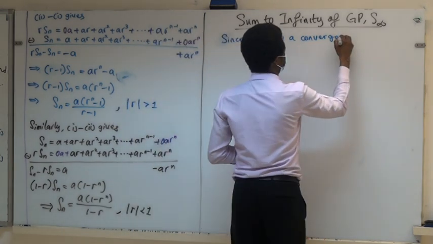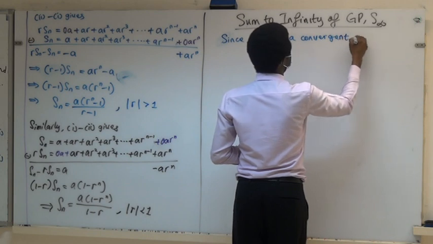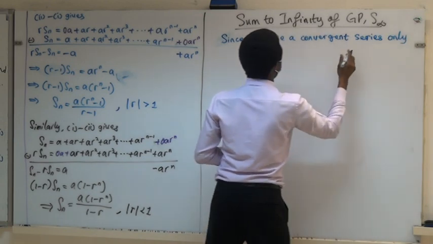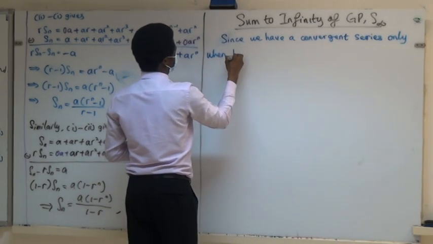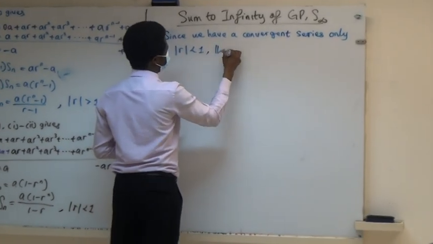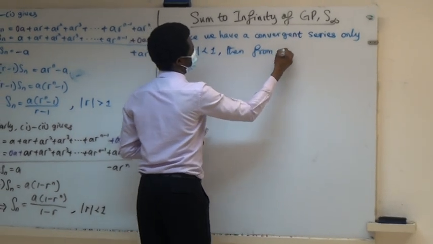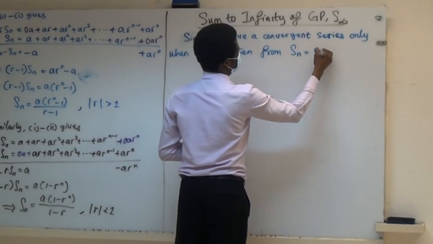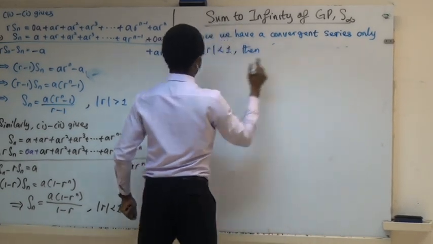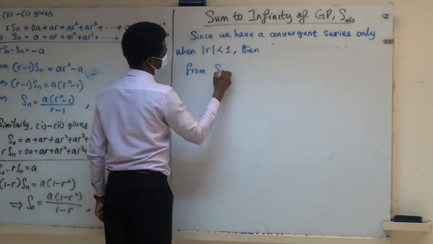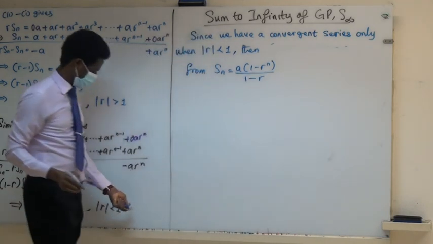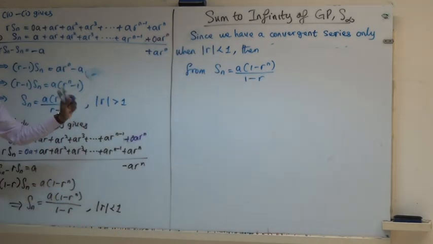Since we have a convergent series, only when our common ratio, absolute value, of course, is less than 1, then from Sn equals a(1 minus r to the power n) over 1 minus r. So I pick it from here. Please listen. Don't write.